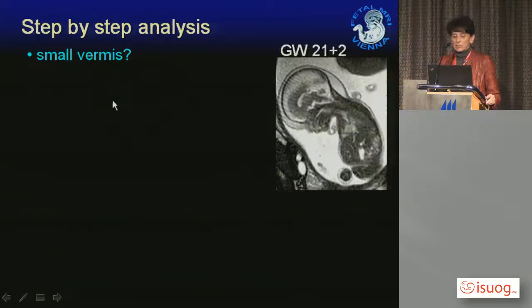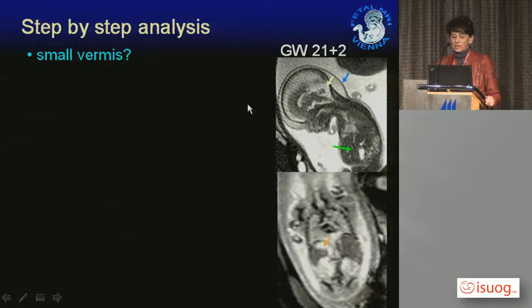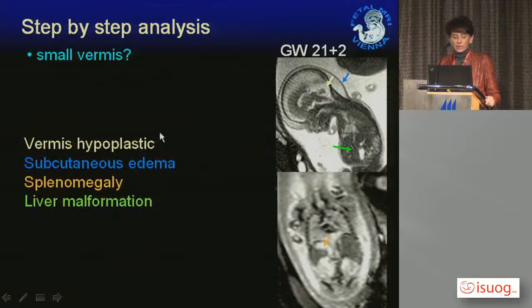If you have a very small vermis, this is your diagnosis, you have vermis hypoplasia. Well, it is part of your diagnosis, but look at this fetus. Something is very wrong here with the whole fetus. We have a hypoplastic vermis, we have subcutaneous edema, we have splenomegaly, and we have a liver malformation.